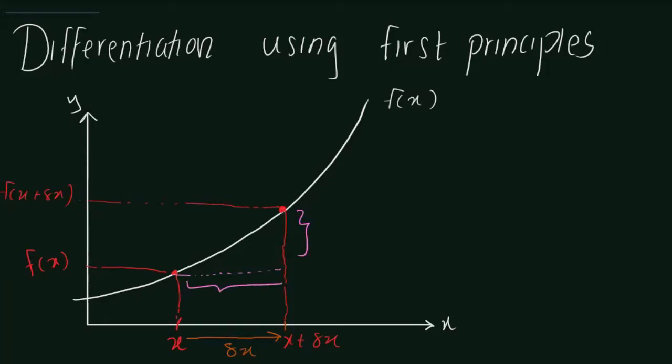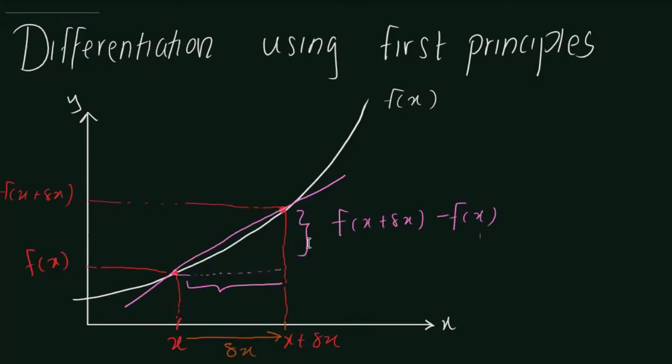The line joining those 2 points is this. So I will find the gradient. It is going to be f(x plus delta x) minus f(x), from the upper limit you subtract the lower limit, and that is over delta x.